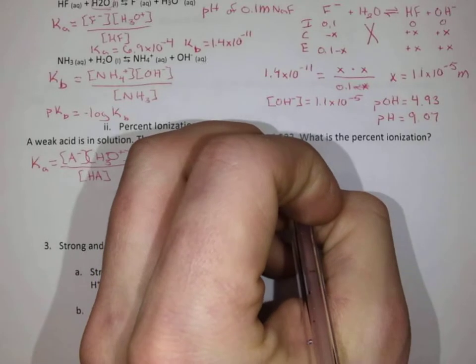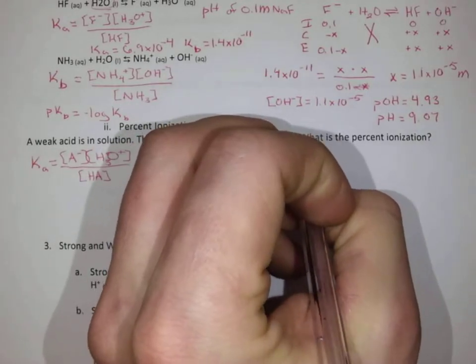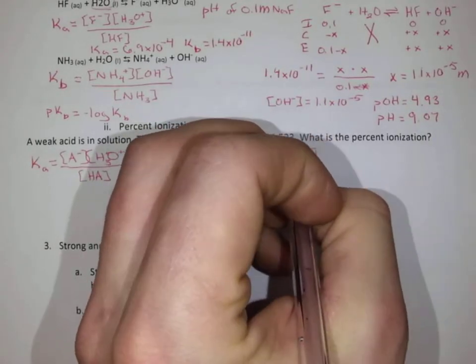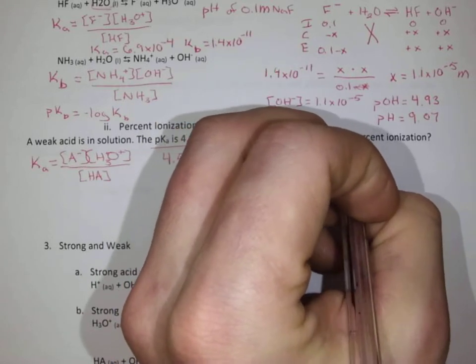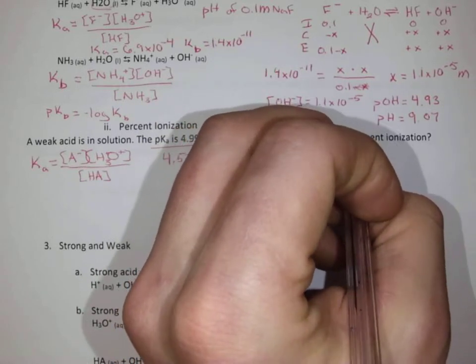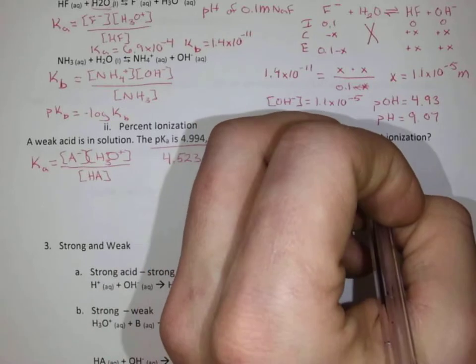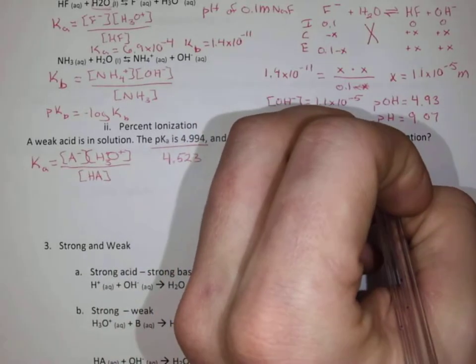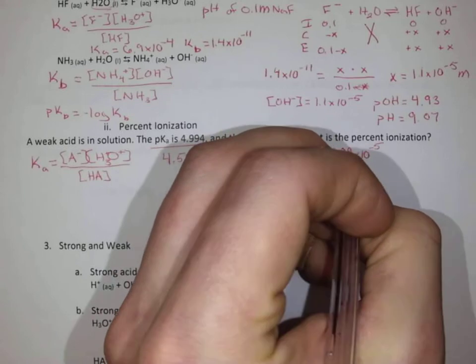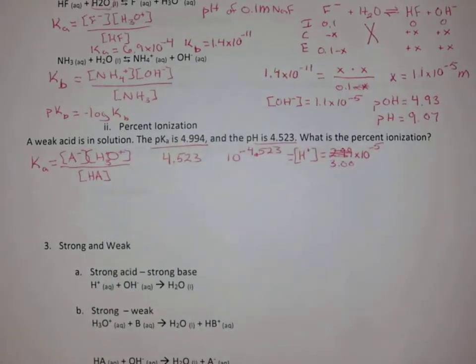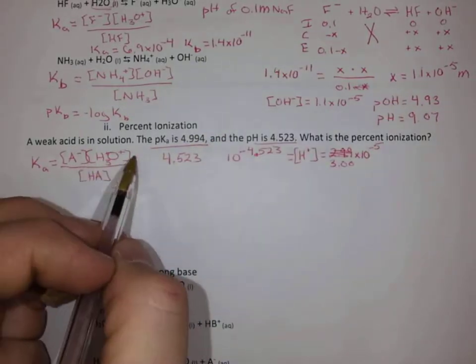Turns out our H plus concentration, or H3O plus concentration, is equal to 2.99, or really I can do 3.00, times 10 to the minus fifth. Okay? So now we know that value.